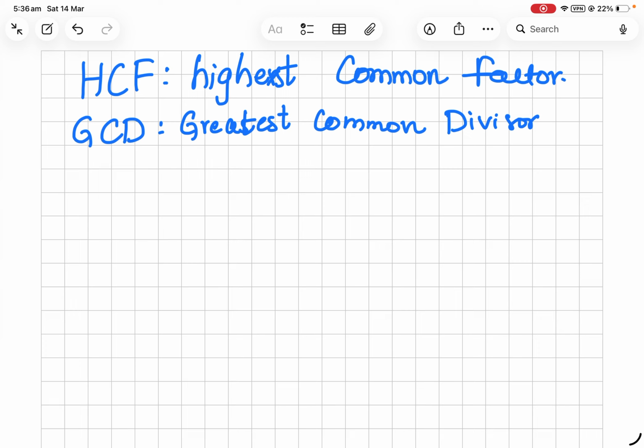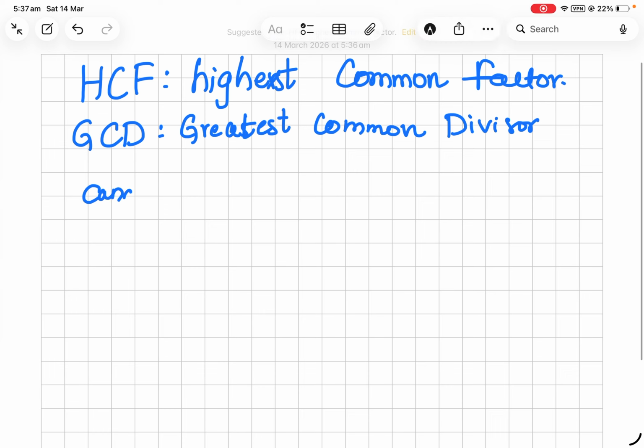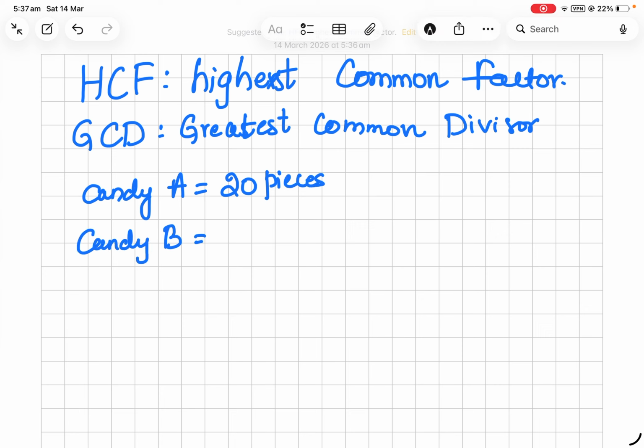So the first example that I'm going to talk about is, let's say you're planning a party, and as a return gift you're giving your party guests two different types of candy. Let's say the first type, candy A, you have 20 pieces, and then you have candy B, which is 30 pieces.